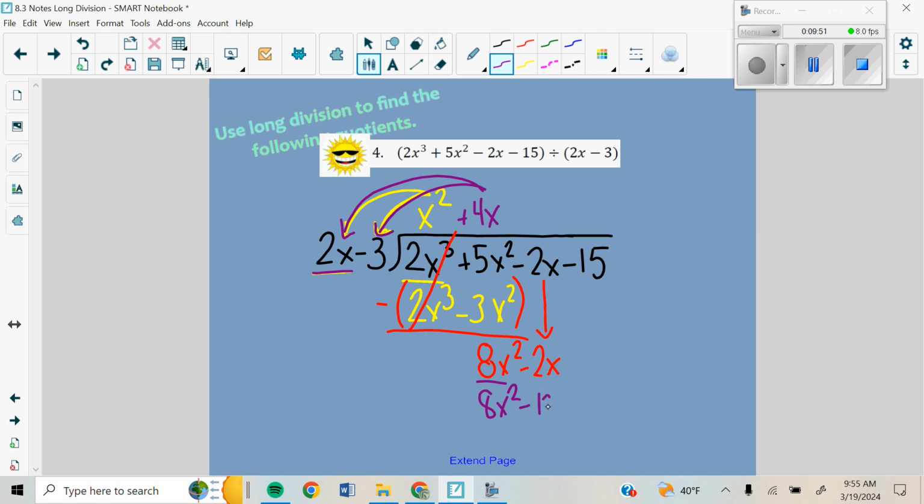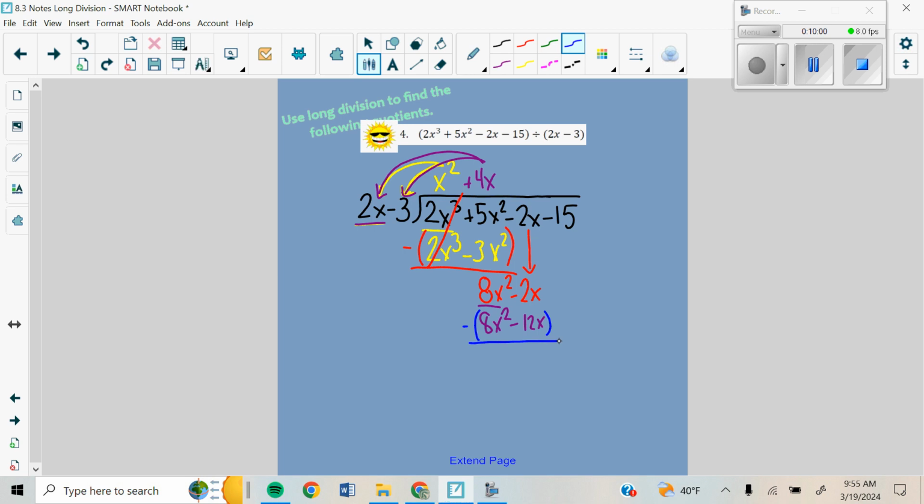I did my multiplication right this time, guys. All right, we're going to throw parentheses around that because we are subtracting. So our first terms cancel, always our goal. Negative 2x minus negative 12x, and minus a negative is going to turn into a plus. So we get 10x. And we bring down our negative 15.